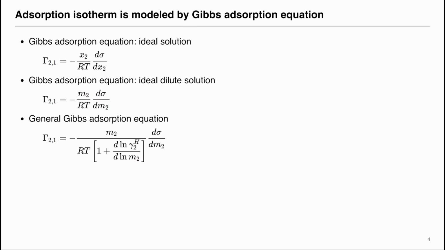If we have a binary solution of alcohol, for example, an alcohol aqueous solution, imagine we have an alcohol that has a hydrophobic region, which is just a carbon chain, and a hydrophilic region. The hydrophilic region is the OH group, where it can form hydrogen bonds with H2O.